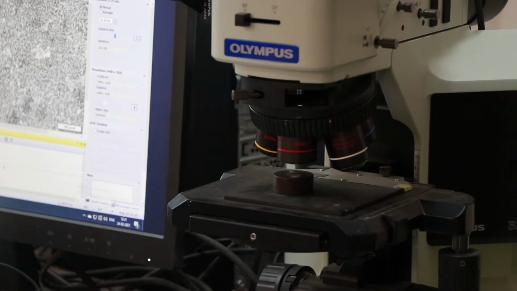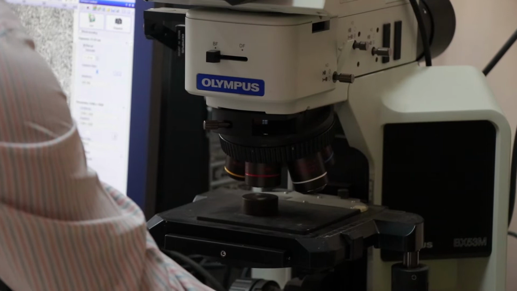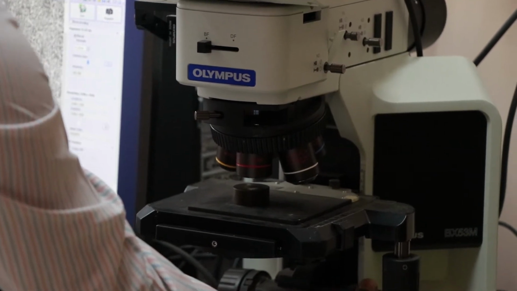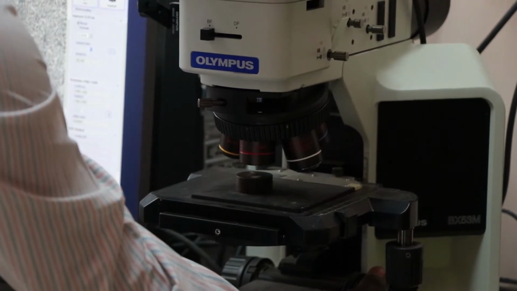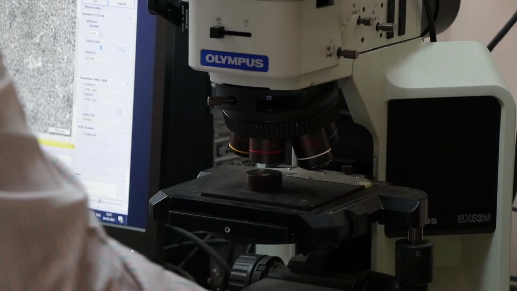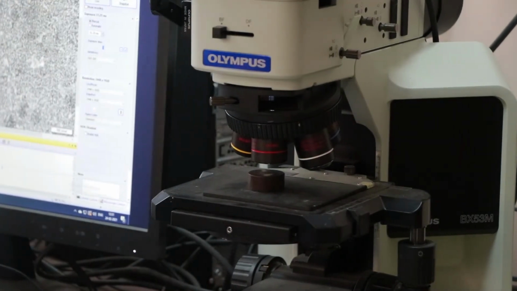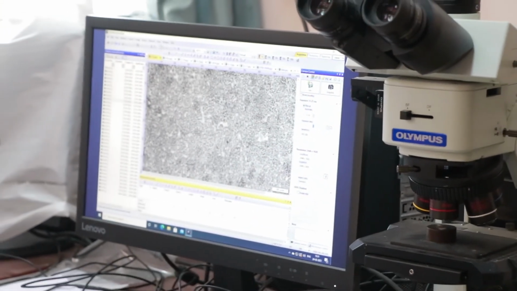Next procedure, microscopic observation. In this way we set the actual focus length and then we get the microstructure of this material, and this microstructure appears on this monitor.